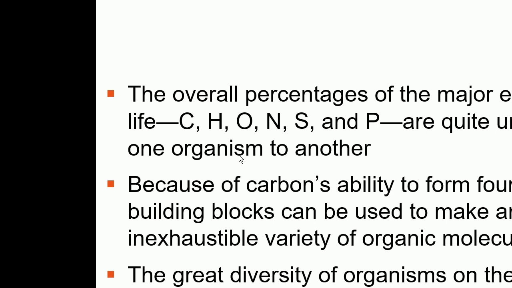So the bonding capacity of carbon is 4, which means that carbon can form 4 bonds, and those bonds can be with the same atoms or with different atoms. So number one, why has carbon been chosen? Because its bonding capacity is 4, which is a lot.